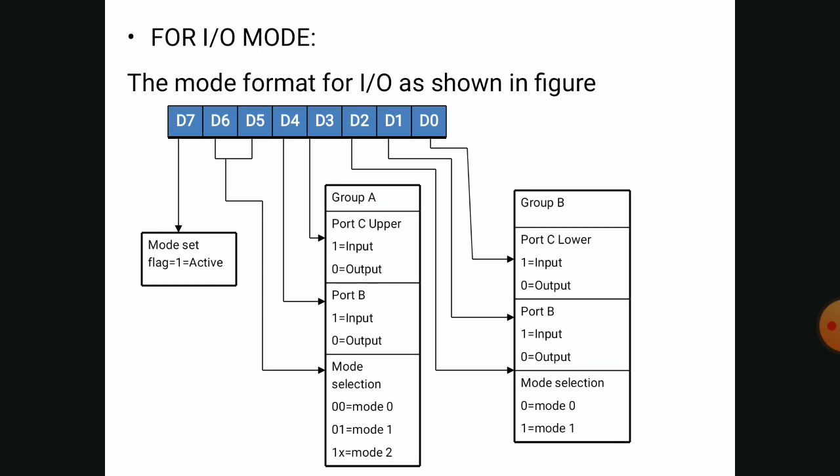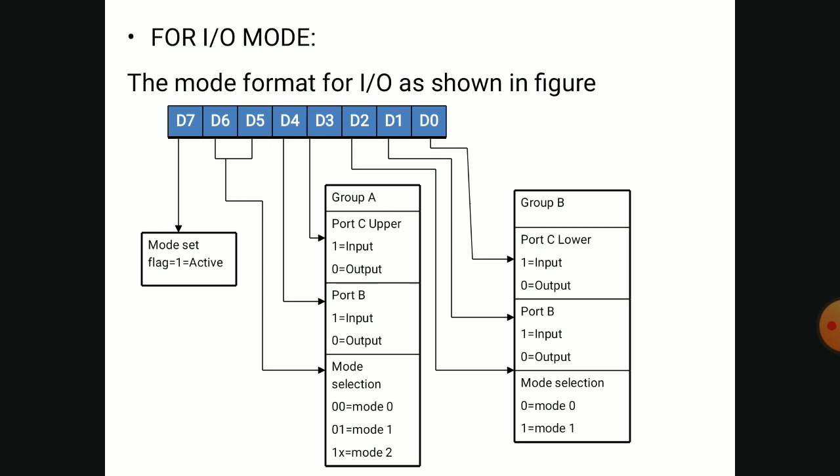This is the control word format given for the IO mode of operation. Whatever format is provided in the control register, the programming will be done in the PPI operation as per that format. That is why this device is called a programmable peripheral interfacing device.